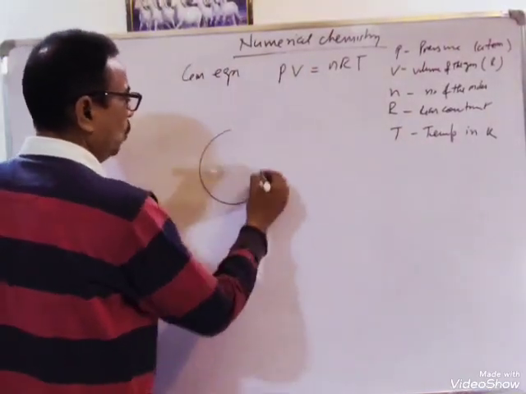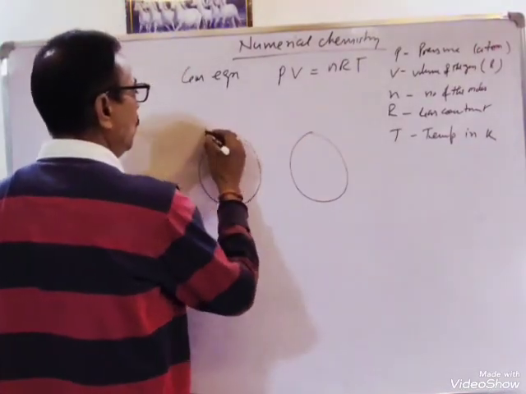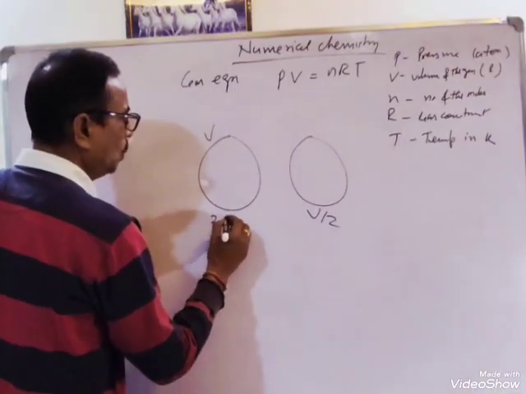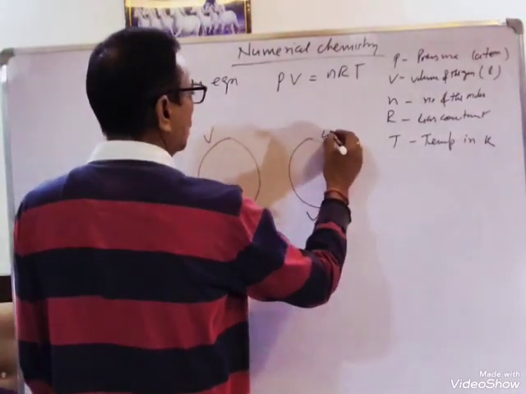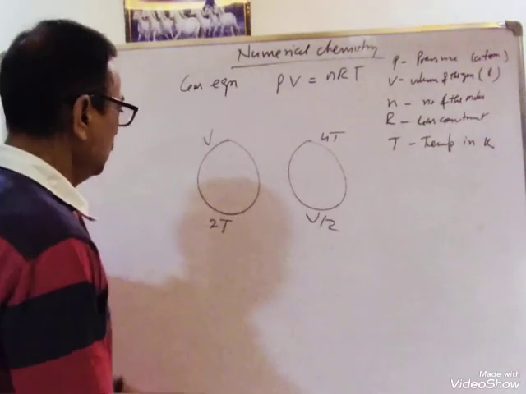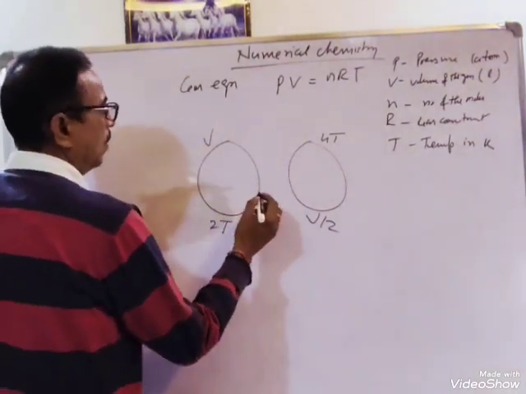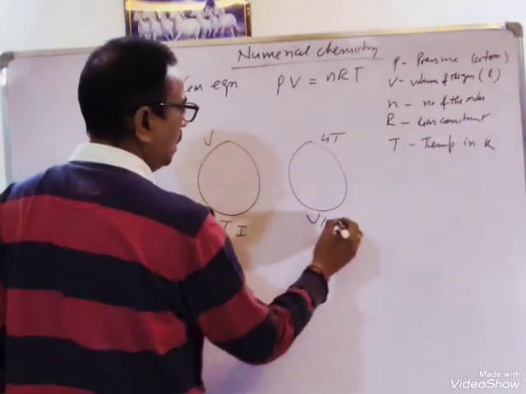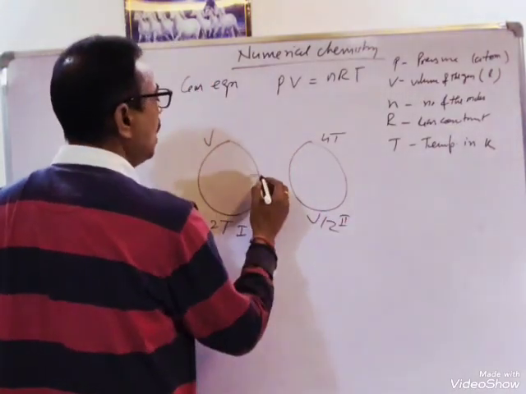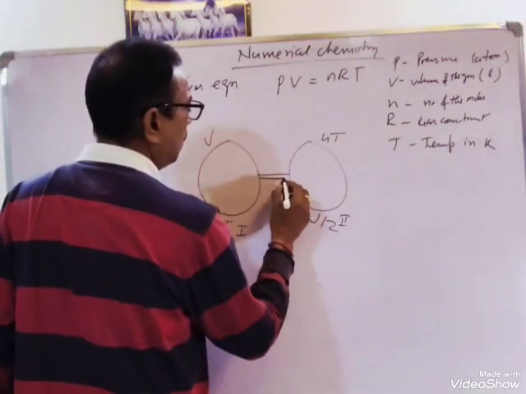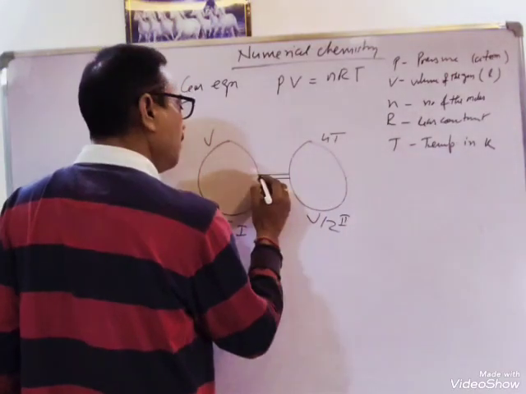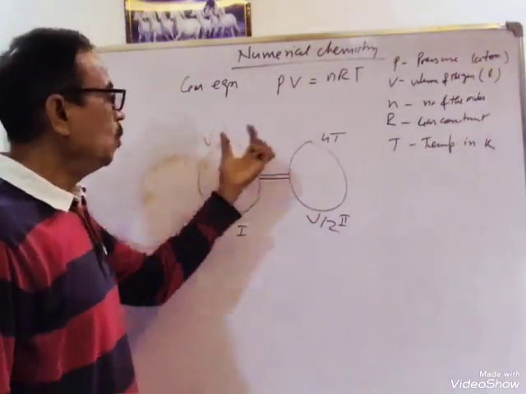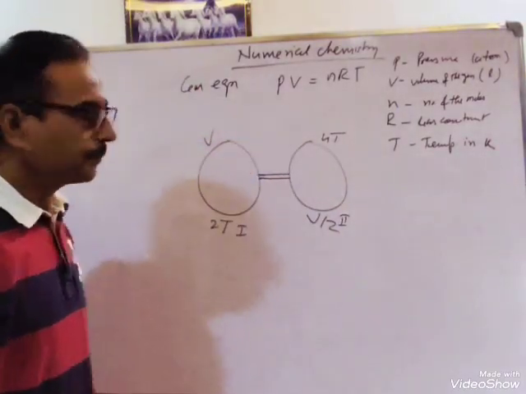Suppose there are two vessels of volume V and V by 2, with temperatures 2T and 4T. This is the first vessel, this is the second vessel. If we connect them by a tube having negligible volume, what is the new pressure of the vessel?